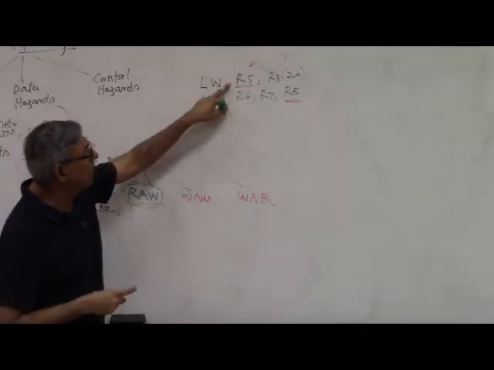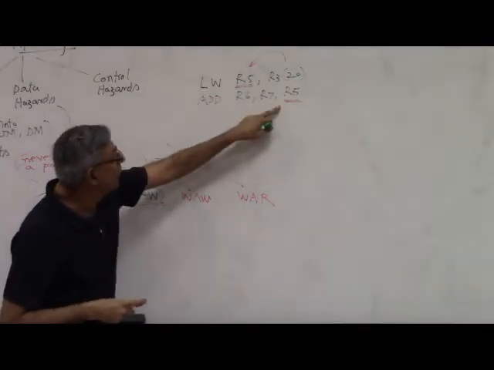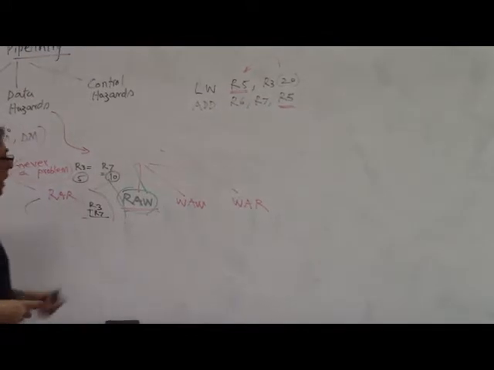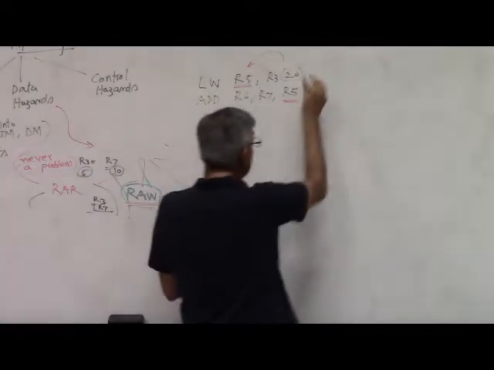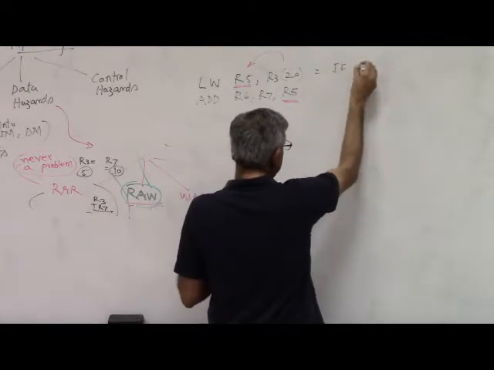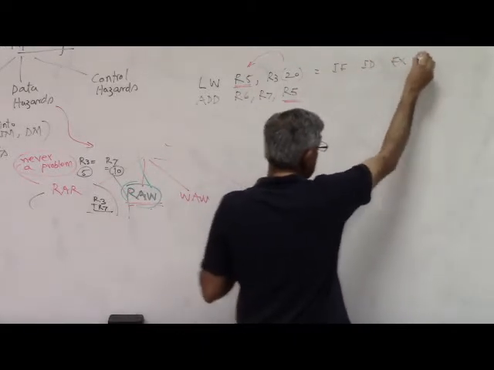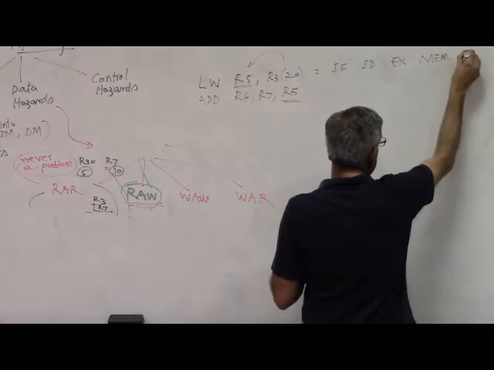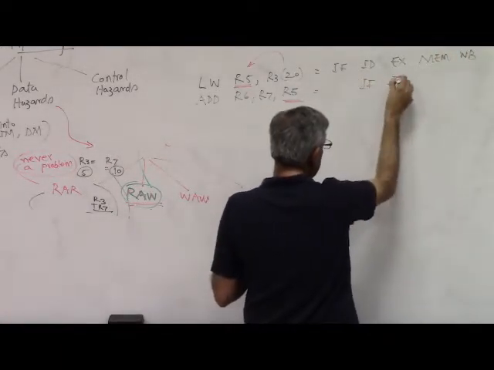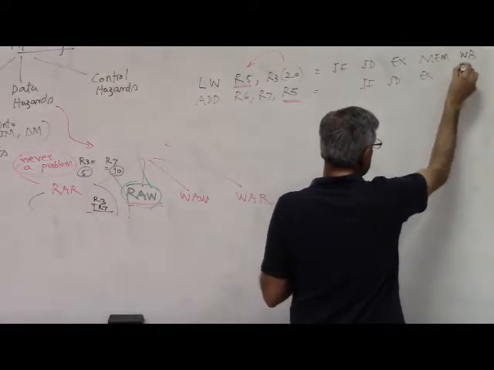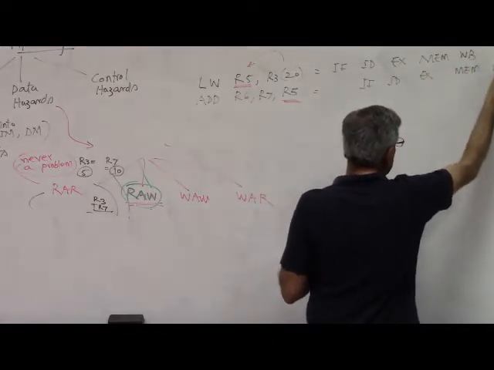So we write to R5 in the load, but we are reading from R5. So again, this is a RAW type of hazard, right? If we examine it, this will be IF, ID, EX, MEM, and write back, and likewise for the add.